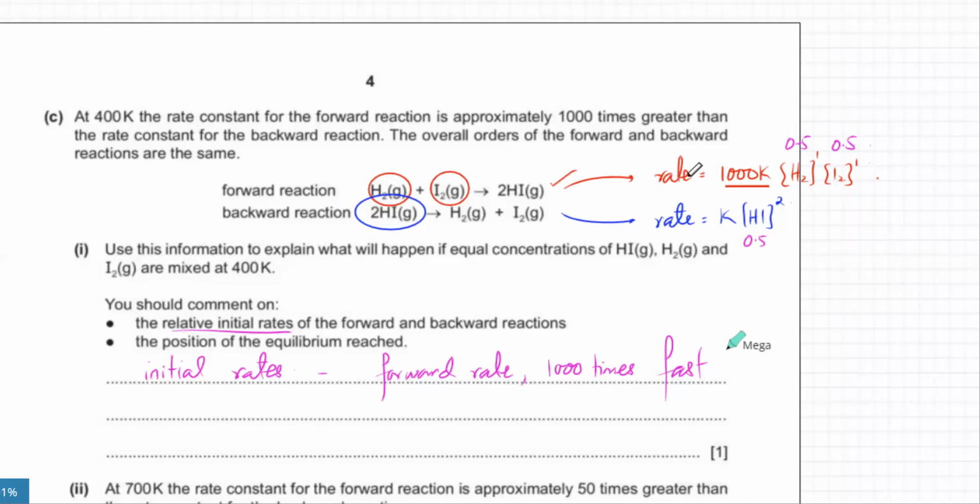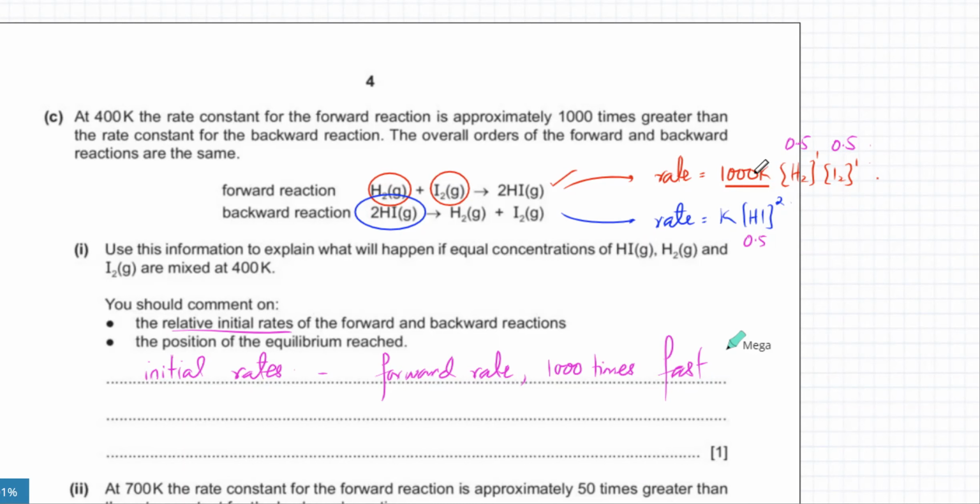This is the rate of the forward reaction, and this is the rate of the backward reaction. So over here, the rate would be 1000K multiplied by 0.5 multiplied by 0.5, or 0.5 squared. And the backward one would be just K multiplied by 0.5 squared. So both of them are being multiplied by 0.5 squared, but the forward rate would be 1000 times bigger than the backward rate. Is that clear?